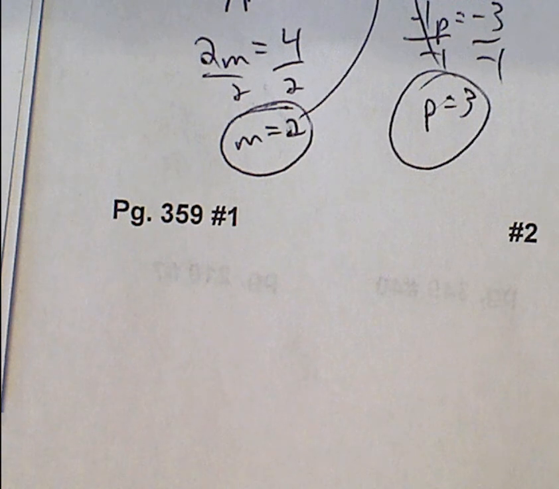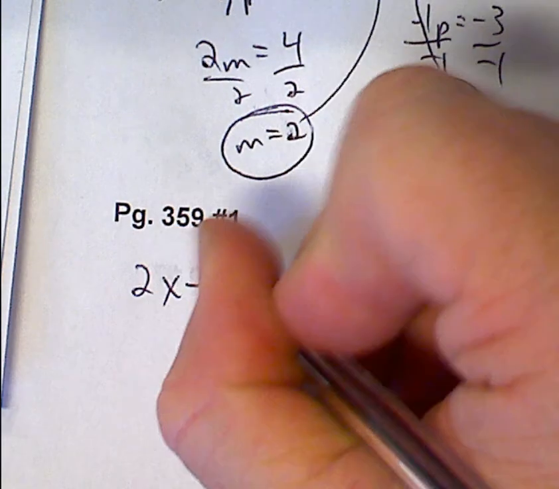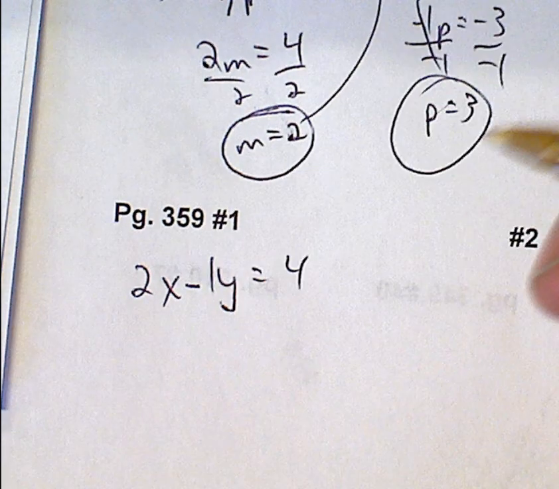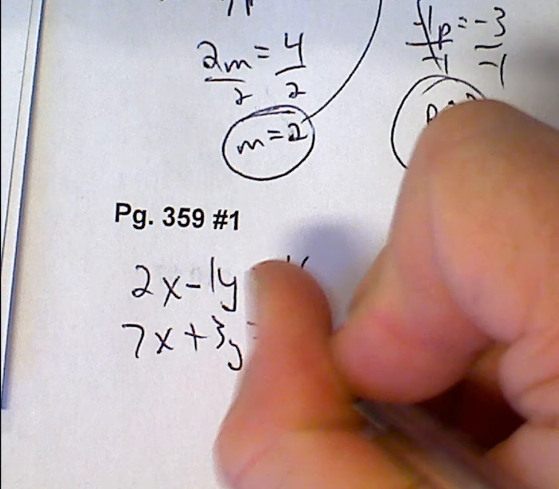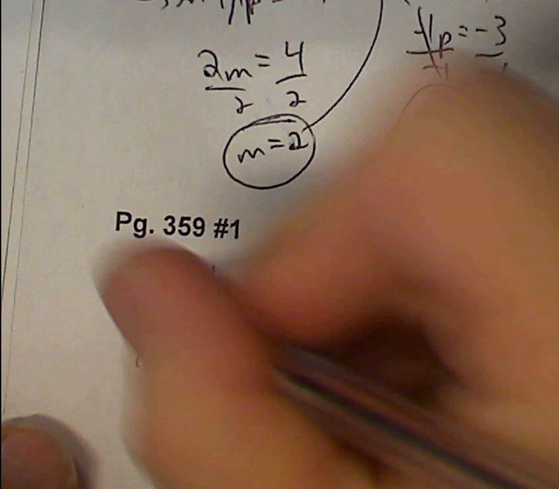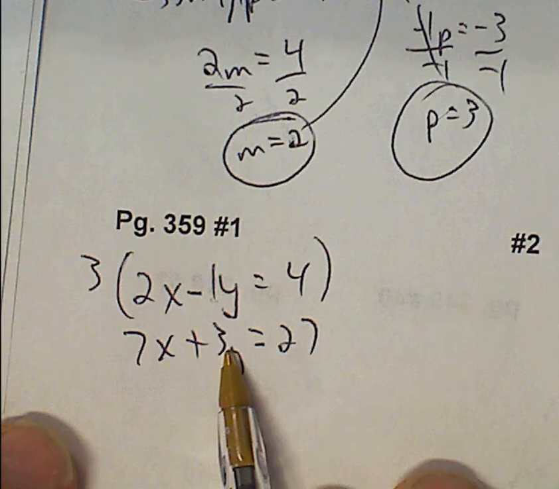Page 359, number 1. 2x minus y equals 4, so that's negative 1. 7x plus 3y equals 27. I'm going to multiply this by 3 because I like the negative 1 and the positive 3.